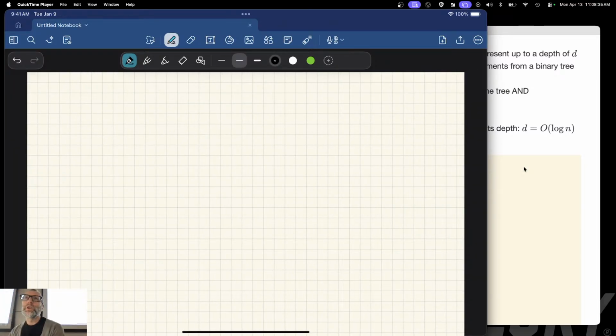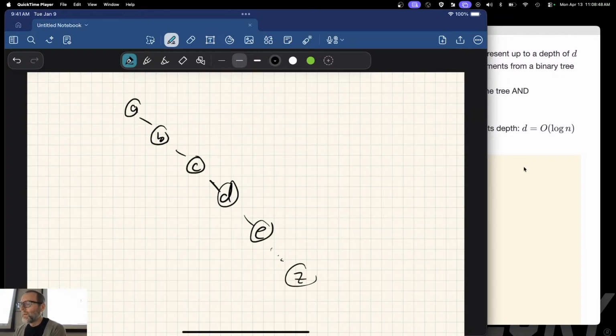What if I had a skewed tree? What if I had A, B, C, D, E, dot, dot, dot, right? In other words, suppose that I had Z. What is the depth on this tree? Just did my ABCs, A through Z. That means that the number of nodes is going to be 26.